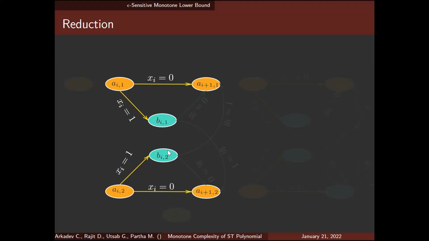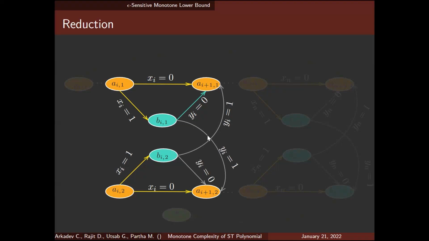Now see how the edge direction goes out of the Bob nodes, depending on the values of yi. For yi equal to 0, the top Bob node of the ith gadget is connected to the top Alice node of the i plus 1th gadget. Similarly, the bottom Bob node of the ith gadget is connected to the bottom Alice node of the i plus 1th gadget.